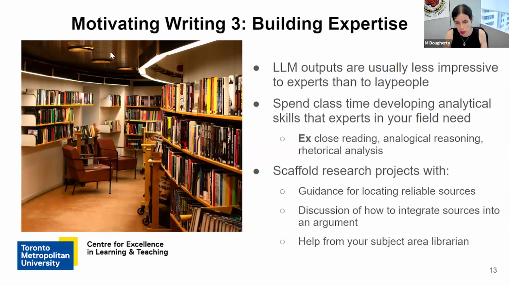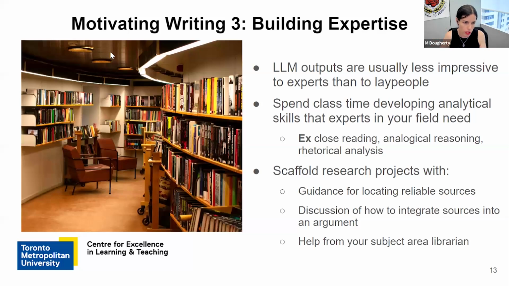This is particularly important with research projects, where I find that it can be particularly helpful to scaffold students' work with guidance on locating reliable sources, and a discussion of how to integrate sources into an argument. So in your field, how do you bring in a primary or secondary source, and how should that be related to the argument?